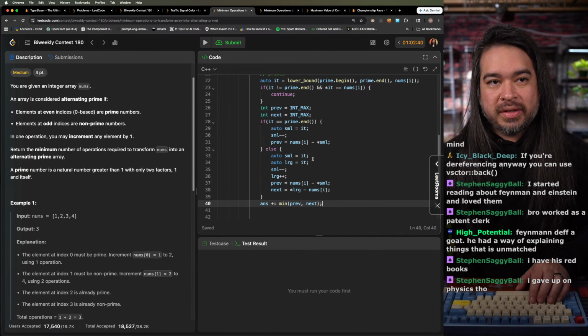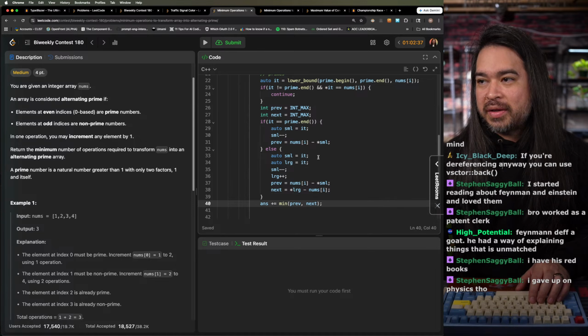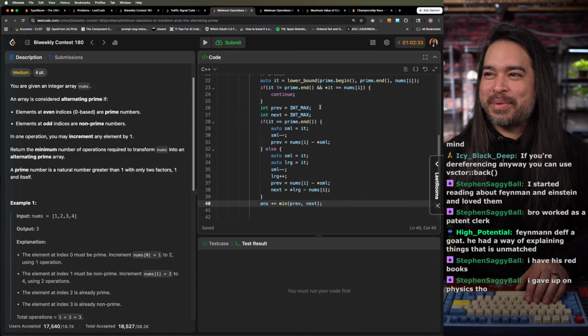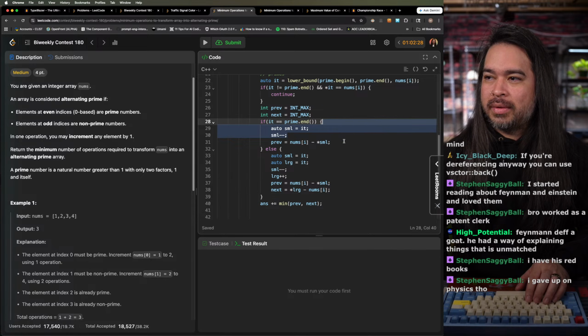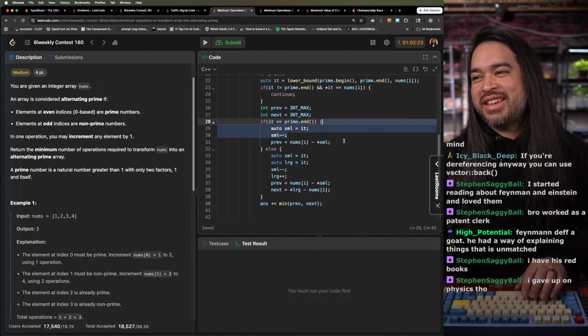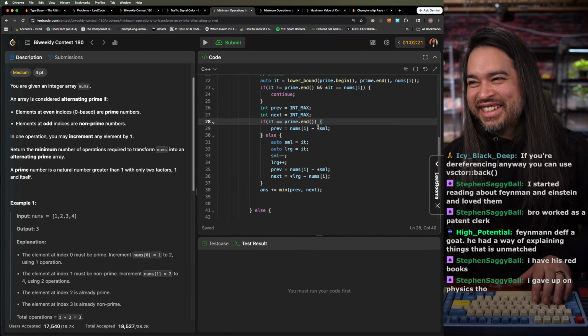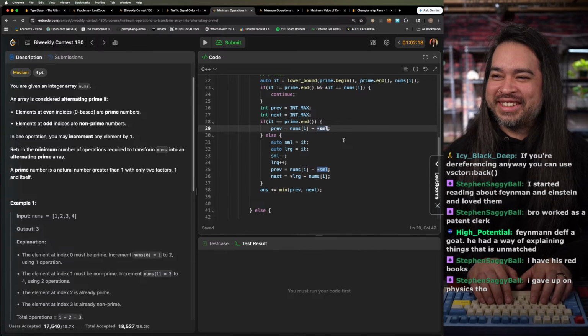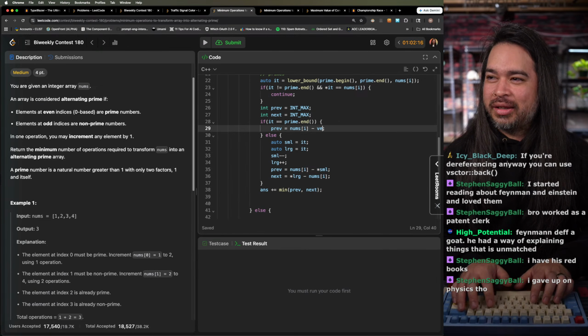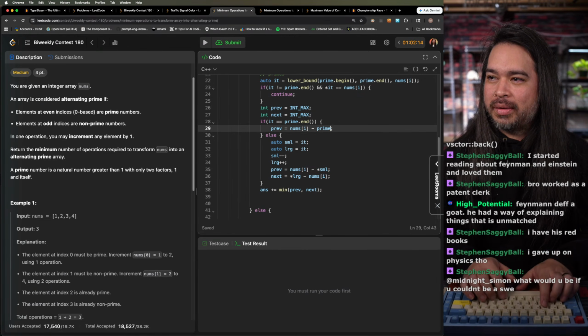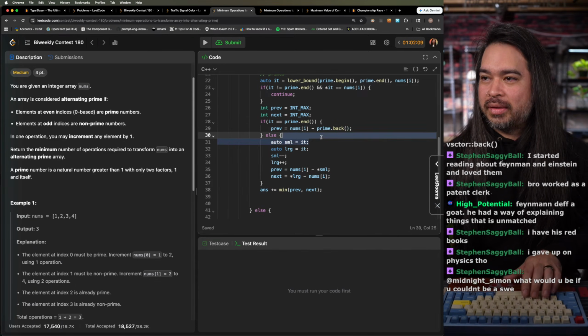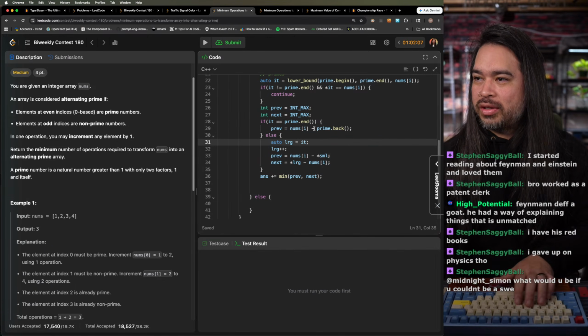If you're dereferencing, anyways, you can use vector.back. Oh, I see, back. That's crazy. That's crazy intuition. I like it. So we don't need junk like that.